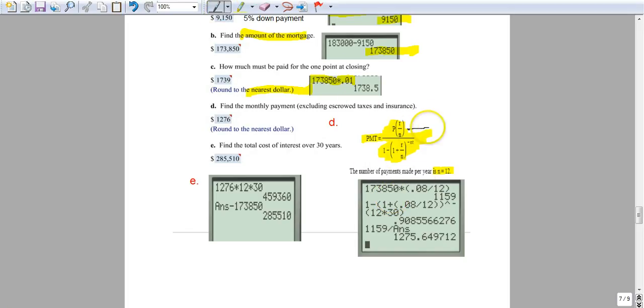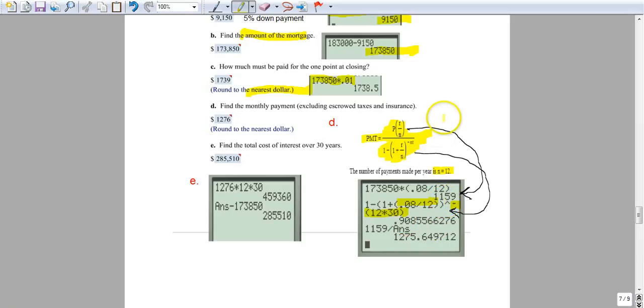I found the numerator, P times R over N, and then I found the denominator, 1 minus 1 plus r over n to the power negative n times t. So be sure to put that negative sign in there. Don't forget that. That's going to change your answer significantly if you don't.